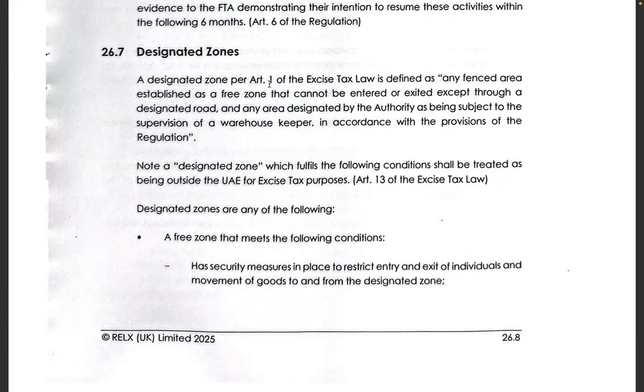So what is a designated zone? It is, as per Article 1 of the excise tax law, any fenced area established as a free zone that cannot be entered or exited except through a designated road, and any area designated by the authority as being subject to the supervision of a warehouse keeper in accordance with the provisions of the regulation.